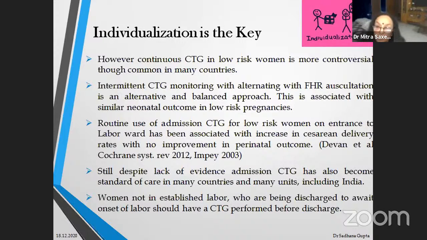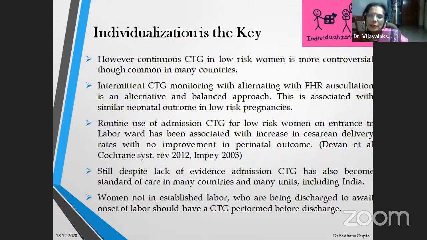Yeah. Dr. Mitra? Yes. In our setting, we do routine admission CTGs, because it also gives a short segment, maybe 15 to 20 minutes, but at least we know, and we are all tuned, including the nurses, to pick up if there are major issues.